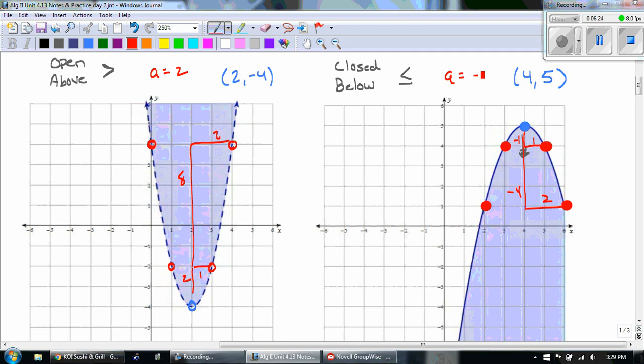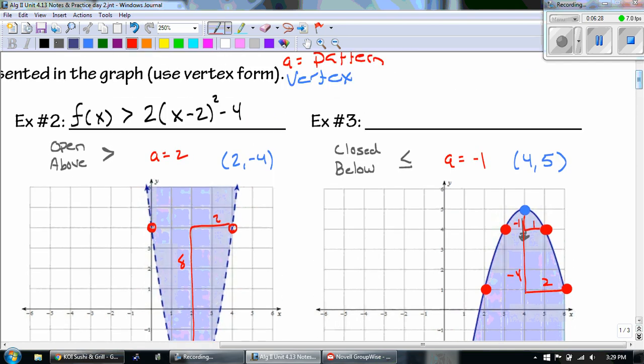So that's our negative 1 pattern. So I come up here, f of x less than or equal to. I caught myself doing this a couple times: remember to use the inequality. Do not use equals. Negative 1, x minus 4 squared plus 5.